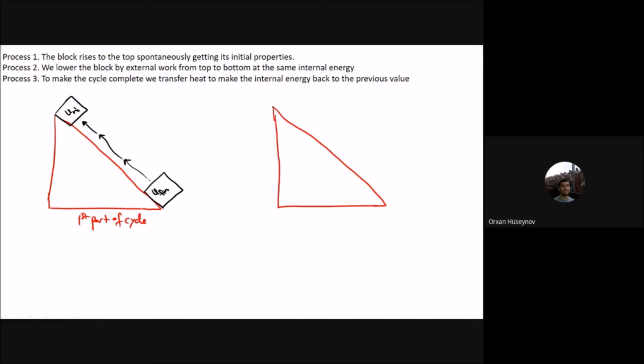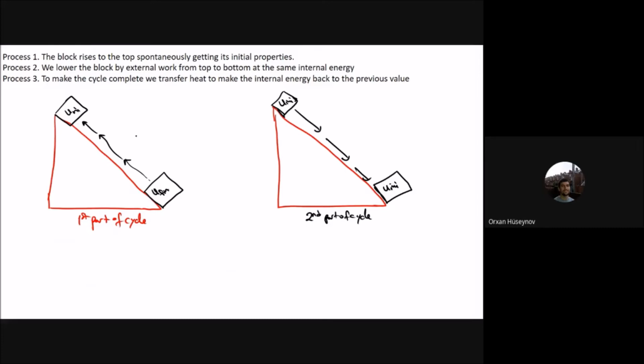So I'm using some additional work, for example a pulley system or somebody from the environment. It takes it from U initial and puts it back here. It is there with the same U initial, but there is work done on it. This is the second part of the cycle.